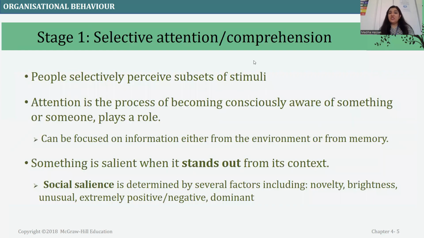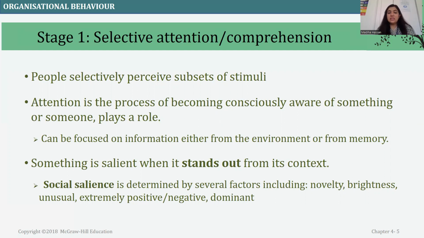So, selective attention and comprehension. It means that people selectively perceive subsets of stimuli. Attention is the process of being consciously aware of something or someone, and it can be focused on information either from the environment or from memory. Something is salient when it stands out from its context.